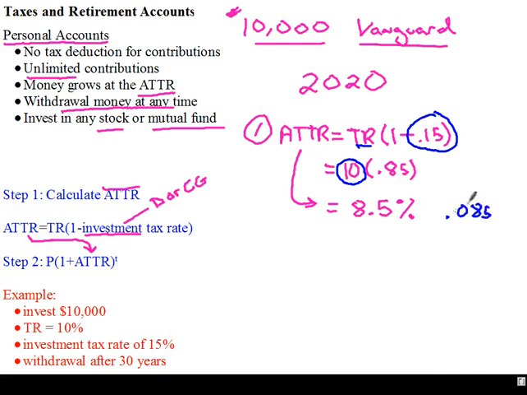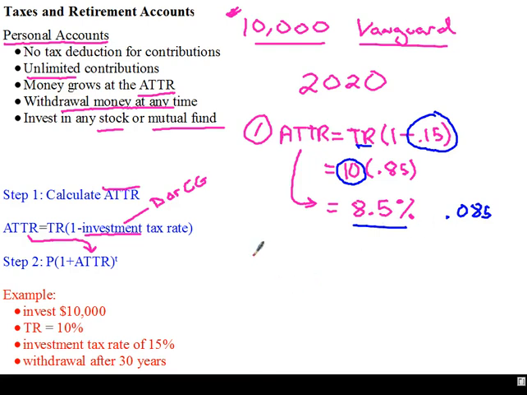You could do it either way, it doesn't matter. I'm just avoiding the decimals there. So we end up with an 8.5% after-tax total return. Instead of earning 10% per year, I'm only going to earn 8.5% per year because the other 1.5% is going to go to the government. I have to pay taxes every year on my dividends and capital gains.